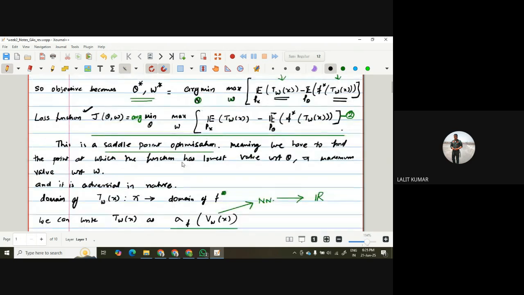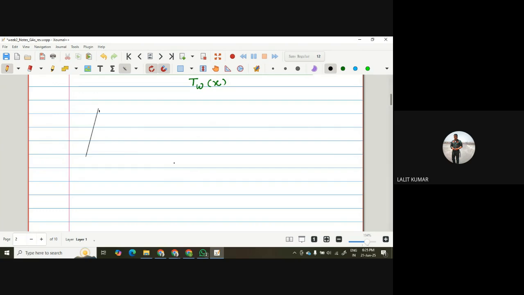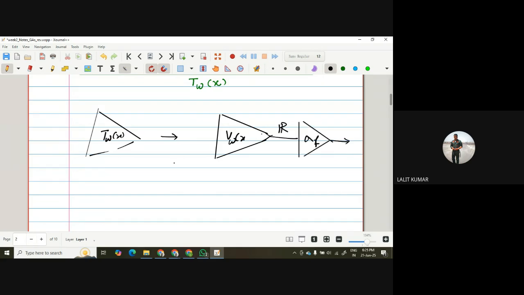In the next step, we wrote that this T_w(x) is a neural network, and we broke it down into two parts. It has one function, for example V_w(x), which gives a real number, and then we pass it through an activation function sigma_f, which gives the output as per the domain of the function.